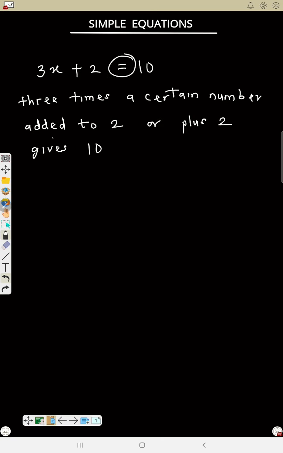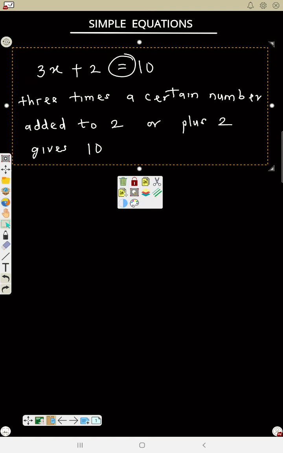So equal to is what we use as gives. So gives 10.